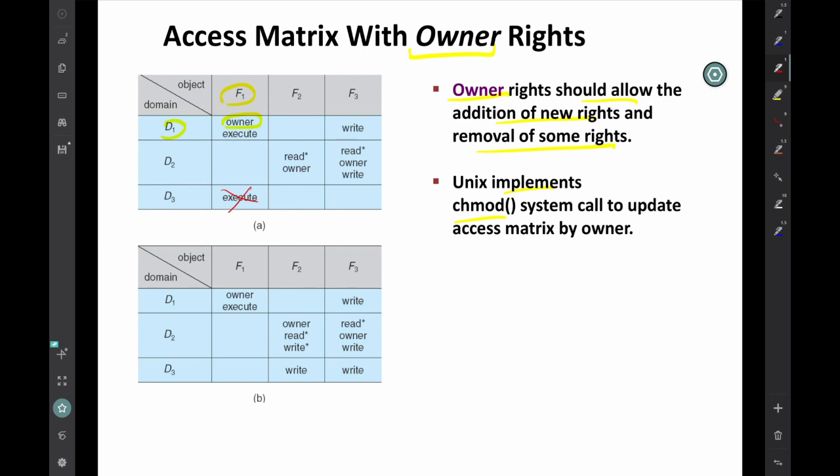Or in the case of D2, now it's the owner, so it can change it. It can say that I'm going to also have the right, and I will also give the write access to D3 because it's the owner.